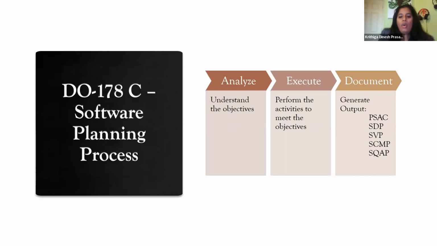We need to know the relationships between these processes, and also the feedback mechanism for these processes. DO-178 itself talks about feedback mechanisms into these processes, and what the software lifecycle environment is for this, what standards we would like to follow, what the software plans would be, how we would like to comply with these plans, and how we are going to revise these and develop the software plans.